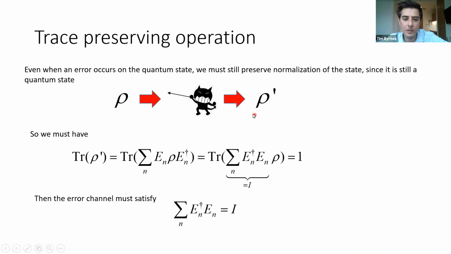And because the density matrix has a trace of 1, whenever we act on this state rho with this error operator, the final state should also have a trace of 1. So this final rho dash should have a trace of 1 like this.